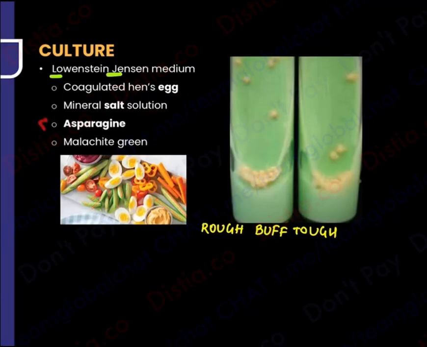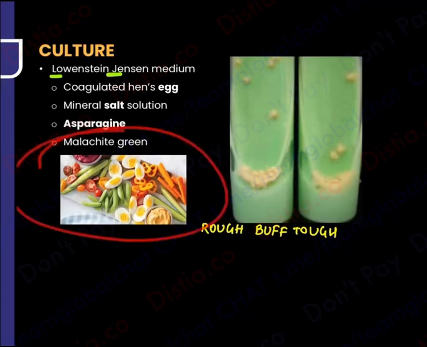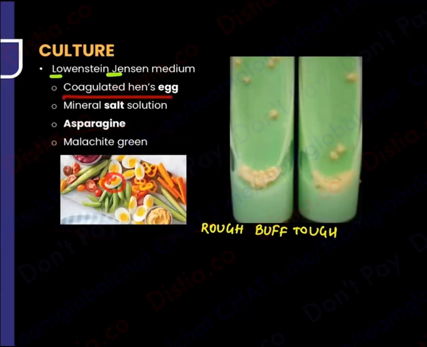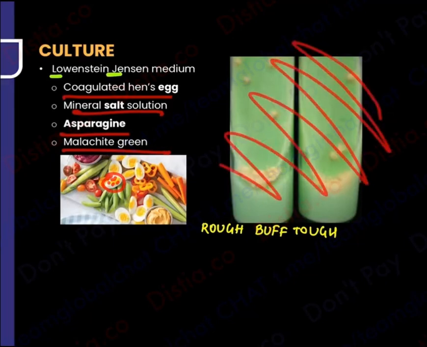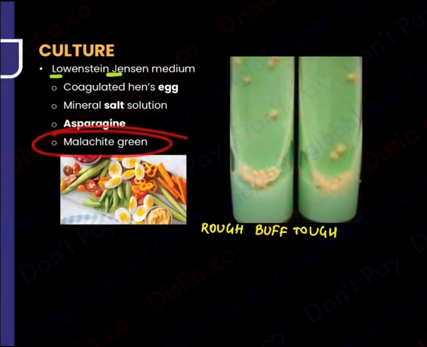Yes, I'm giving you some green vegetables. Asparagine, not asparagus. I'm giving you asparagine over here and I'm giving you malachite green. So that is your ideal breakfast, right? English breakfast. It is going to have eggs, salt on top of it, asparagus and asparagine, because asparagus is a green plant, and malachite green. That is why you will see the LJ medium background is green, because you have added malachite green.